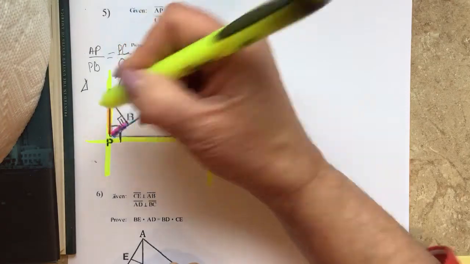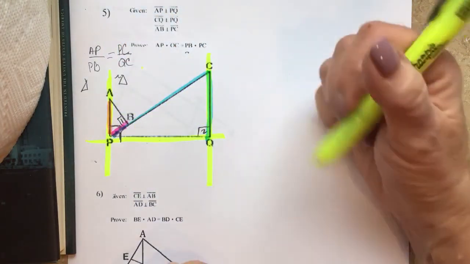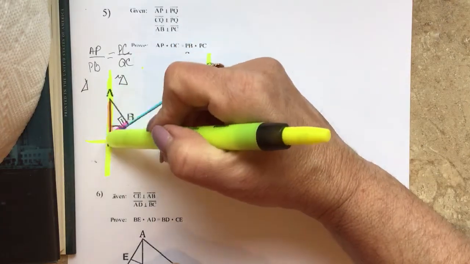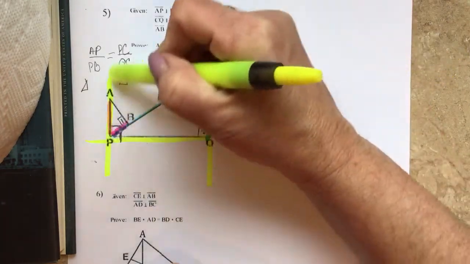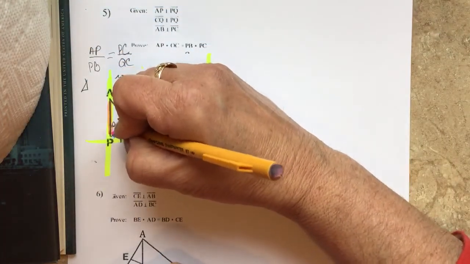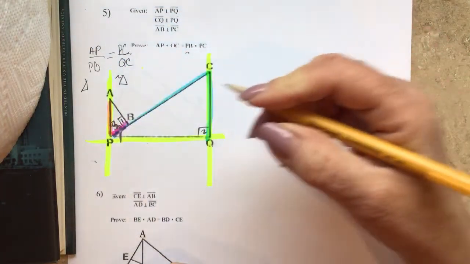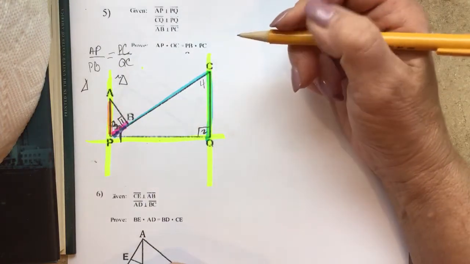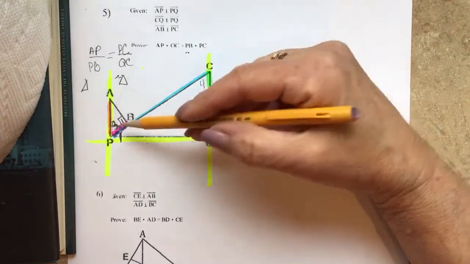We are going to have to say that in our proof. Hopefully you see the Z come right there. So this angle right here, I'm going to call 3, and this angle right here, I'm going to call 4. There's your 2 pairs of angles, 1 and 2, 3 and 4.